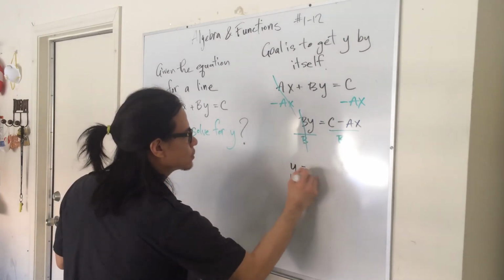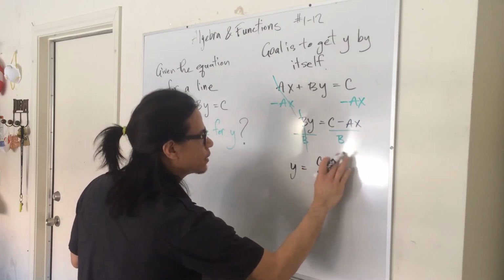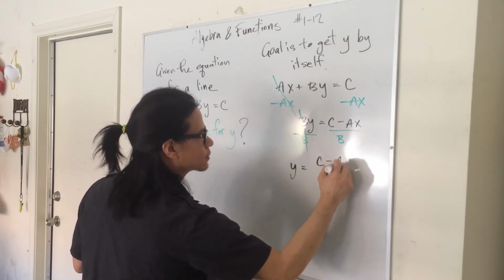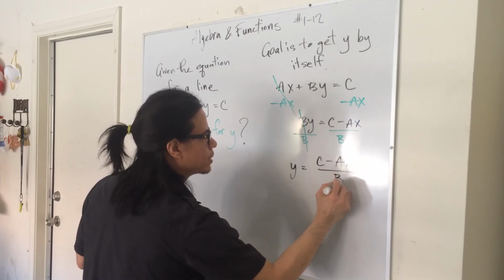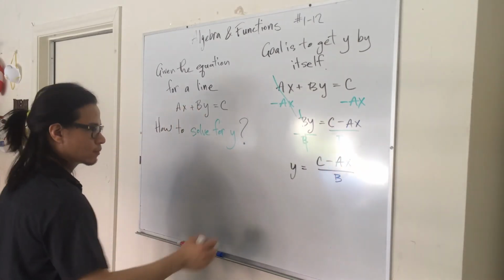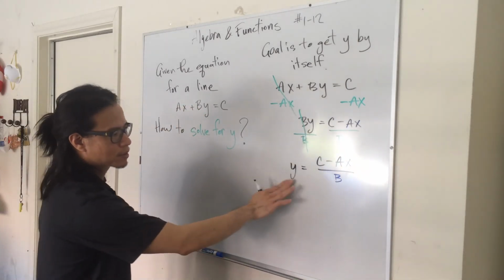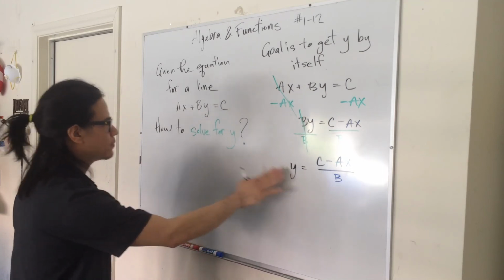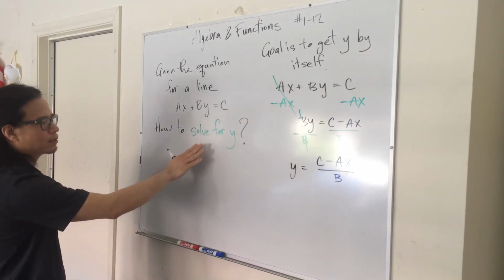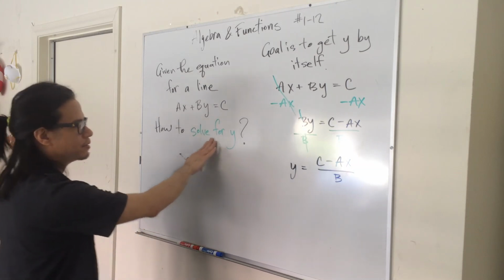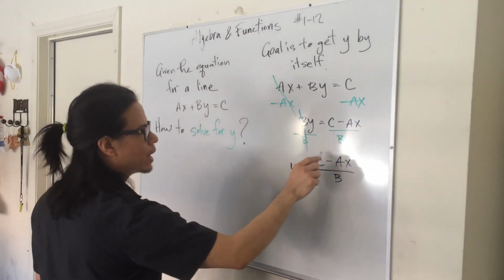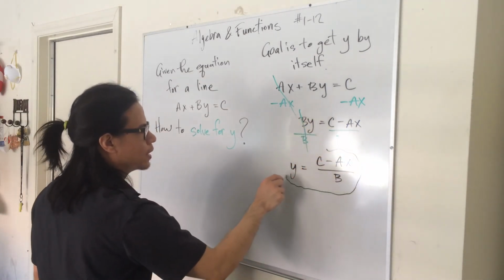Y is equal to c minus ax all over b. Okay? Check to make sure that we have isolated the variable that we set out to do. It says solve for y. There it is. Y is by itself. Our job is done.